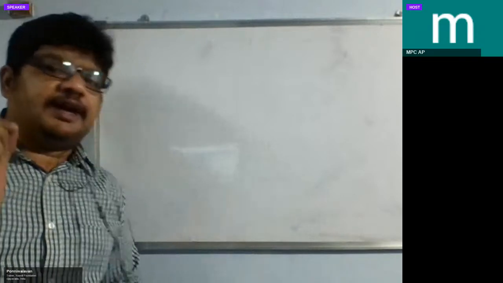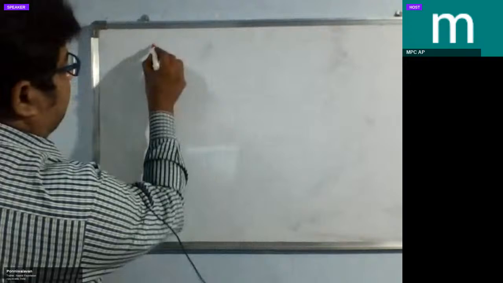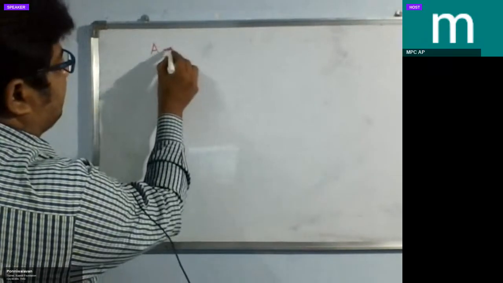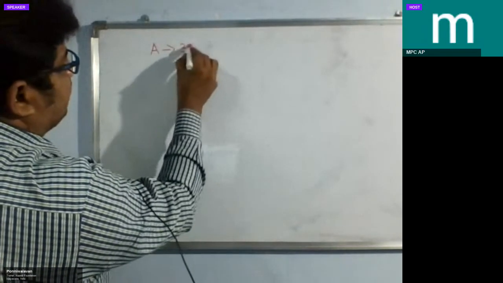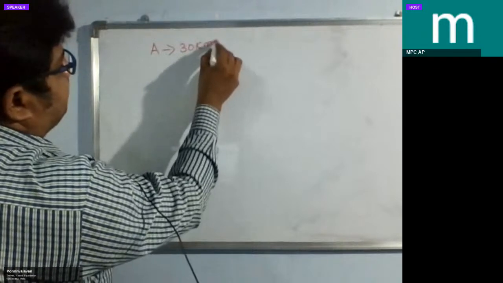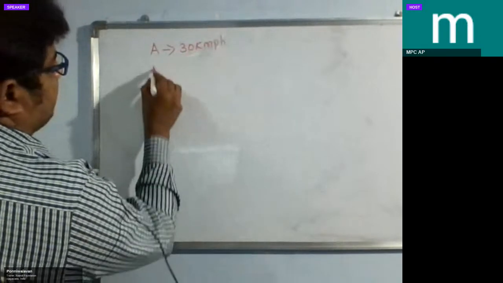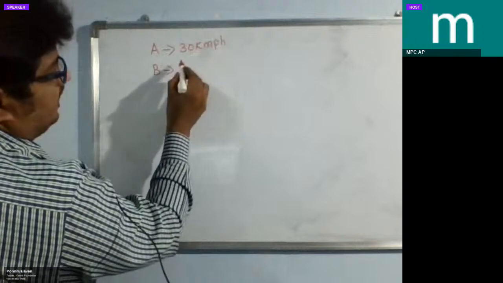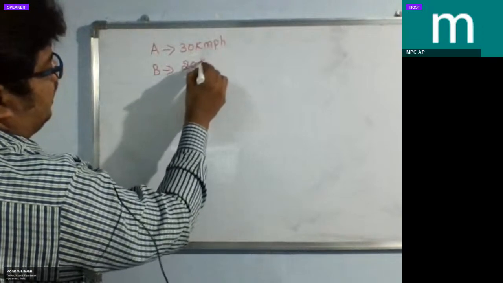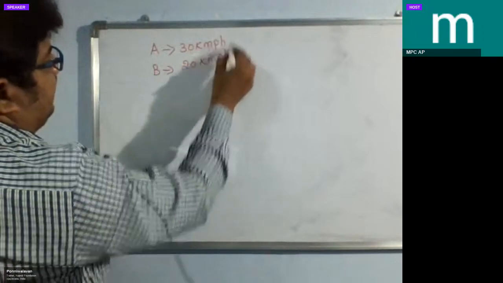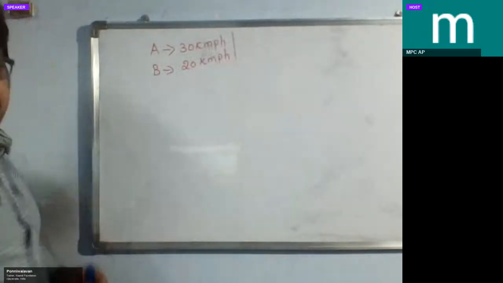Listen carefully. I am going to explain the basics of relative speed. For example, we will take two persons A and B. A's speed is 30 kilometers per hour, and B's speed is 20 kilometers per hour, and they are traveling in the same direction.